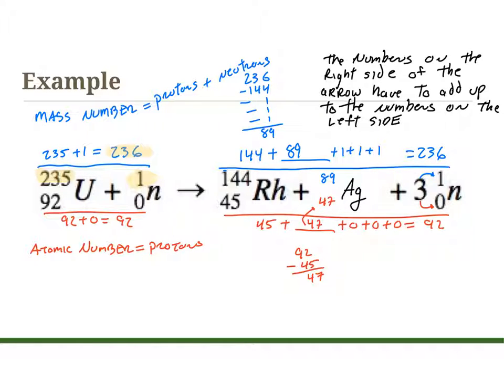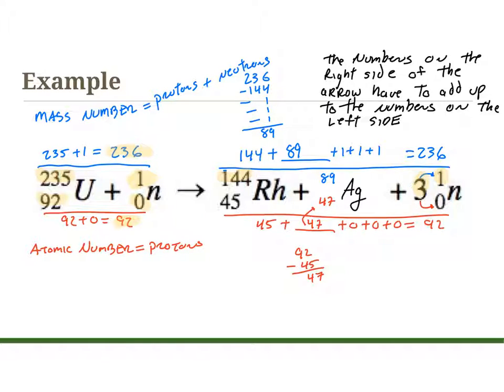And for the atomic number, I have 92 plus 0, which gives me an atomic number total of 92 on the left-hand side of the arrow. Now on the right-hand side of the arrow, I know that I have 144, and I have 1 times 3, so that's 1 plus 1 plus 1.